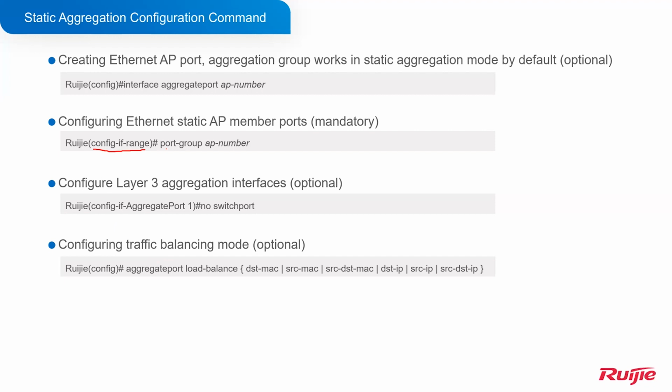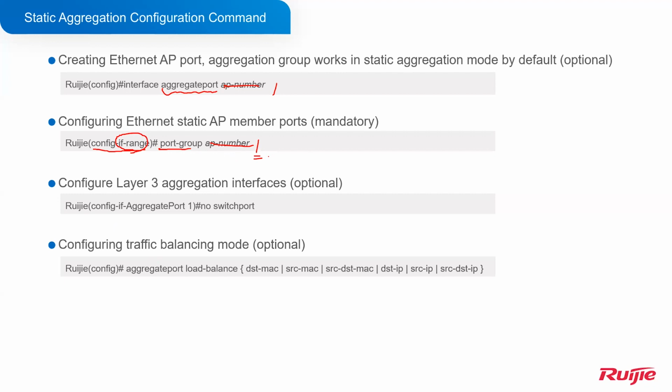For example, port group 1, port group 2. It depends on which aggregate port you have created. For example, with interface aggregate port 1, the AP number here is 1. So you can use port group 1, which means we have added this physical port into AP1.